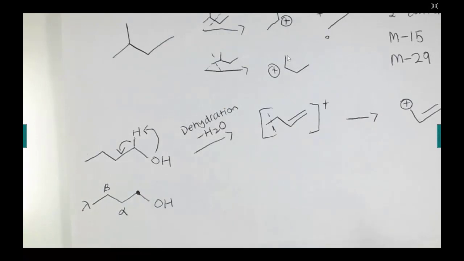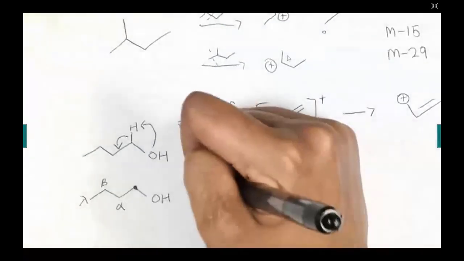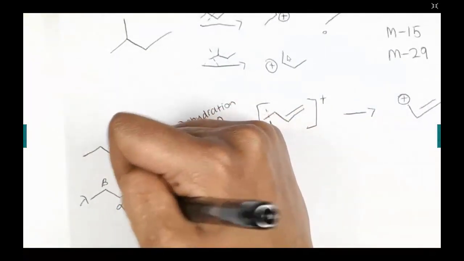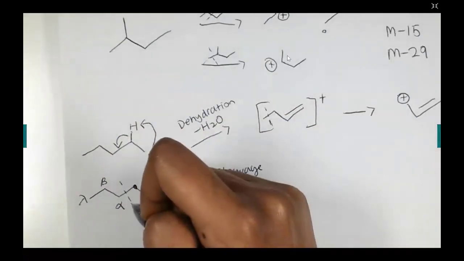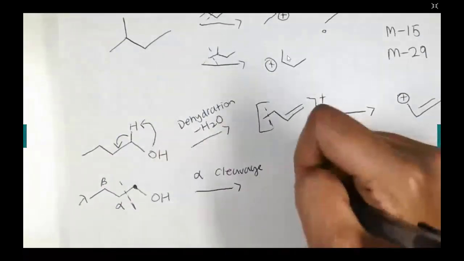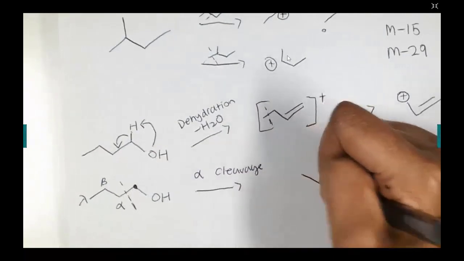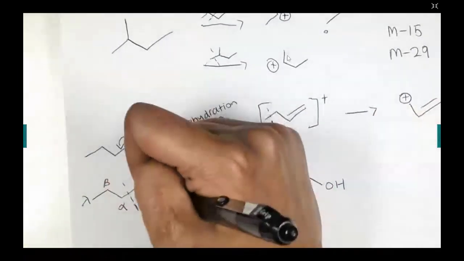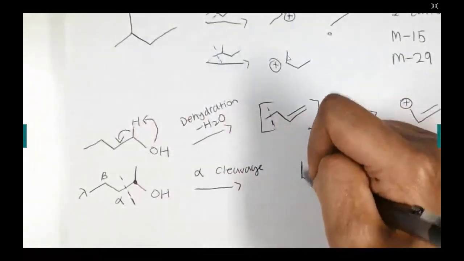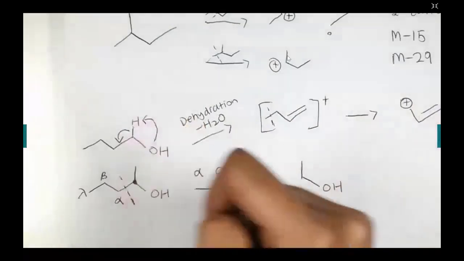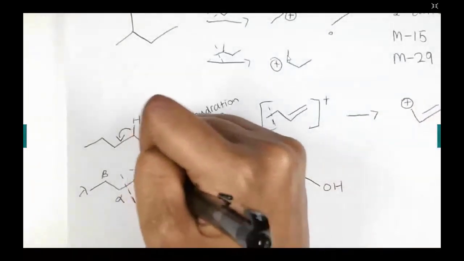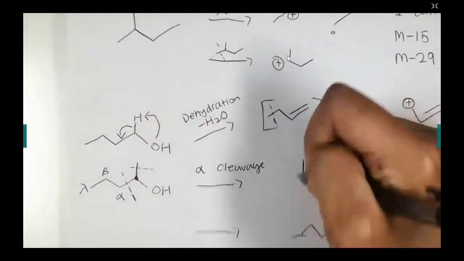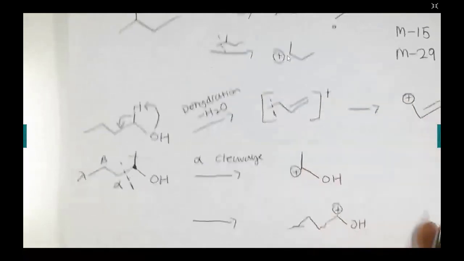In this case, we do alpha cleavage. Alpha cleavage is what the name says: we're going to be cutting off that alpha carbon. So we will see a fragmentation right there where we cut off that alcohol carbon and we're left with just the other side. Say this carbon had something else on it, let's say a methyl. We still have that methyl. We can also do alpha cleavage the other way, such that this is cut off, and you've got a positive charge over there.